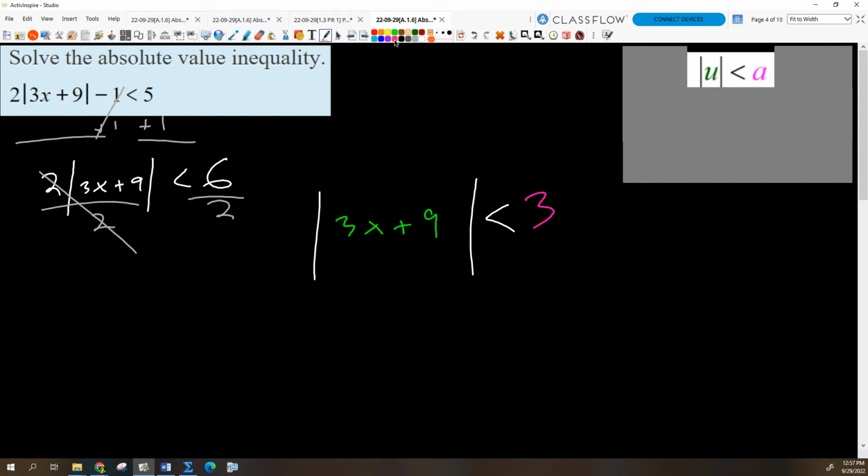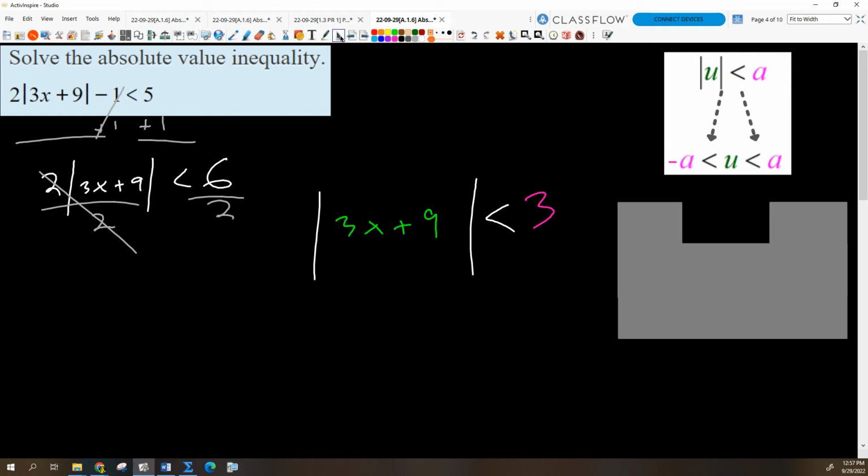What's next? Got to split it into a compound inequality. Ava, is this going to be an and or an or? Okay, so here's the inequality. If I rotate it 90 degrees, it's an and, isn't it? Yeah. So it's and. So the pattern is what's in the middle is greater than the negative and less than the positive. Okay. Leah, what's that give us if I apply that property?